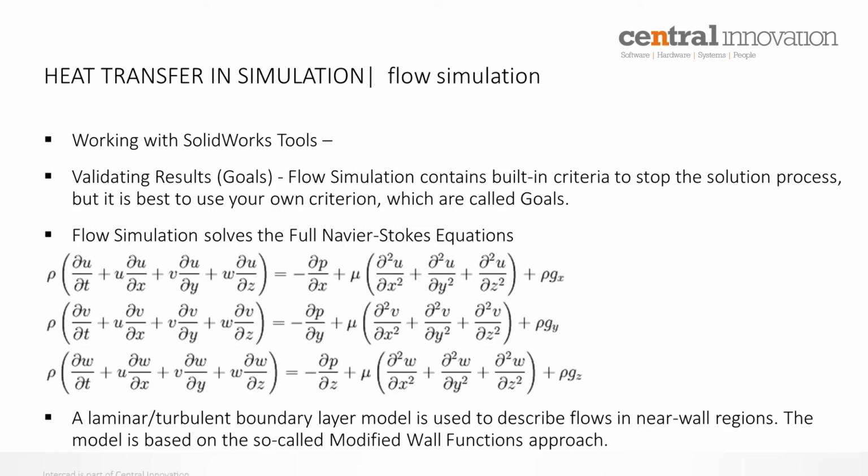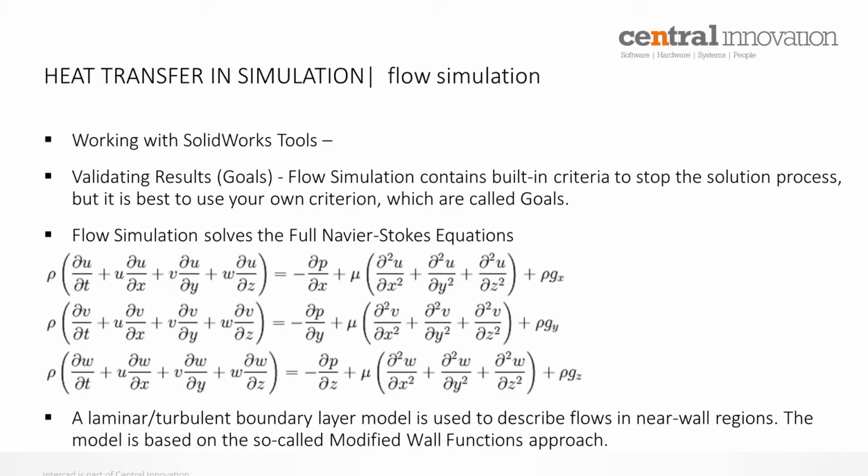So, quick overview of SolidWorks Flow and heat transfer. When we set up a flow model, we create goals that are important to us. So, in heat transfer problems, typically we create goals in and around the temperature of the solids that are important to us, or the fluids, or the surfaces. Velocity of air and other things may also be important.